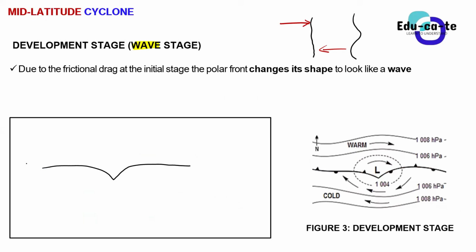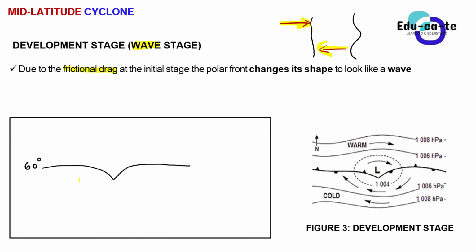Remember the polar front was a straight line at the 60 degrees line of latitude, right? But now it looks like what? It looks like a wave. Why is it looking like a wave? It is because of that frictional drag between these two air masses, because they are fighting with each other. They're actually pushing in opposite directions, but on the same polar front. Just like in this example, one of the air masses is pushing like this, another one is pushing in the opposite direction.